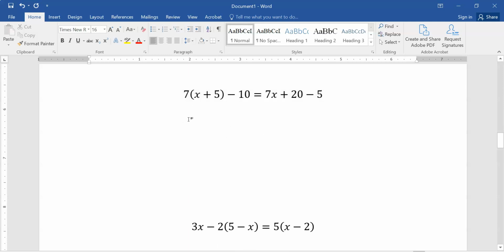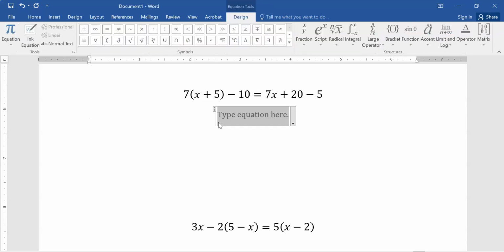So step 1, always, is to simplify the left-hand side and then simplify the right-hand side as much as I can. And essentially that means distribute to get rid of parentheses and combine like terms. So if we did that over here, the first thing I'd do on the left-hand side is distribute this 7.